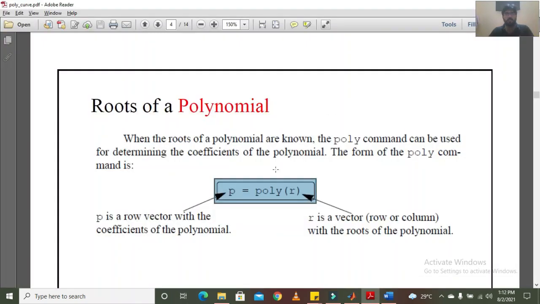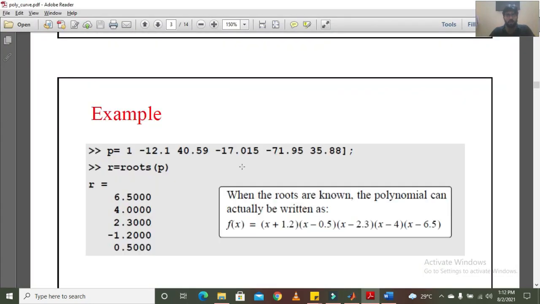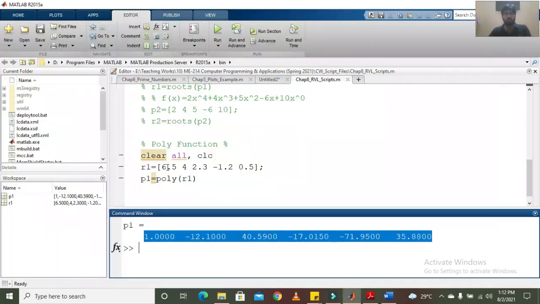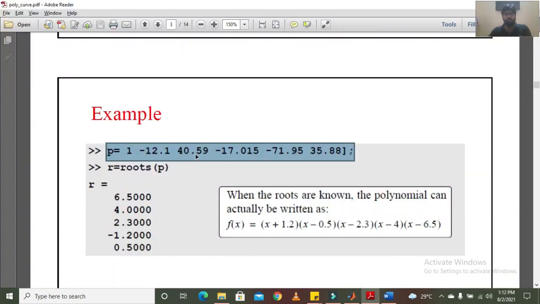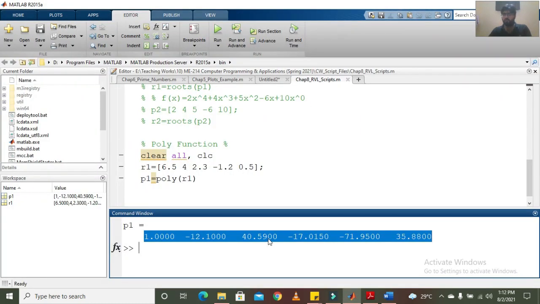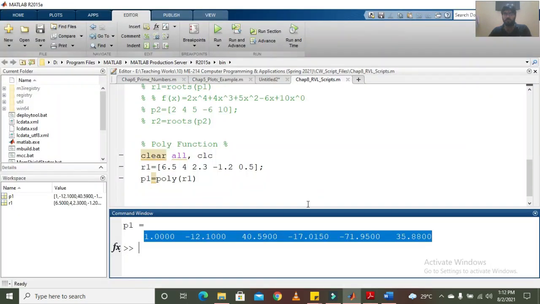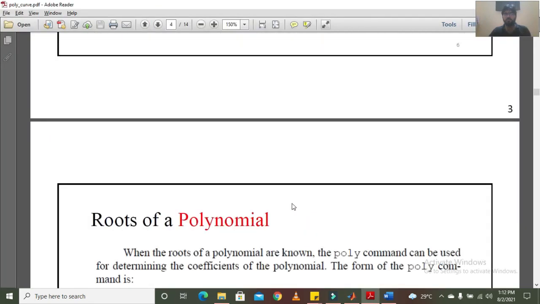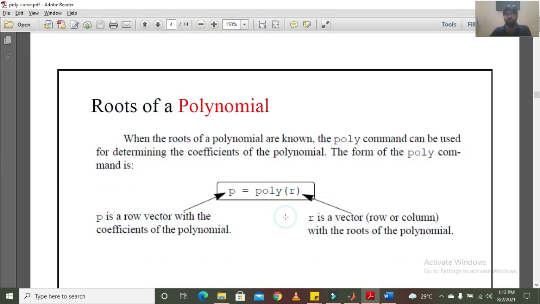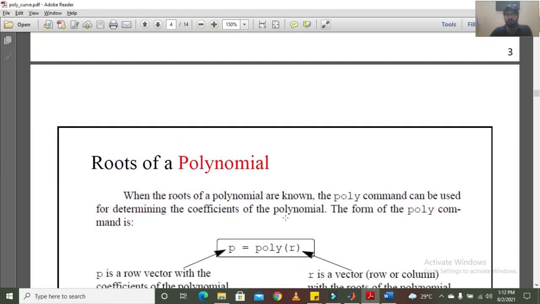So here you can see, okay, so this was my polynomial. Again you can see 1 minus 12.1, 40.59, the next term is minus 17.015, and so on. So this is what we have studied so far.